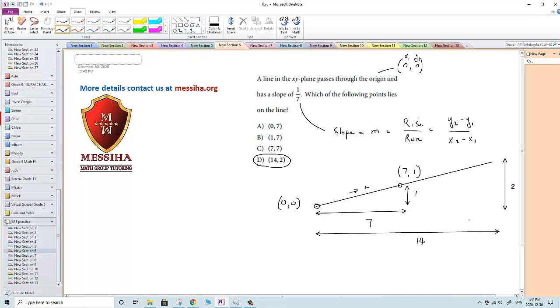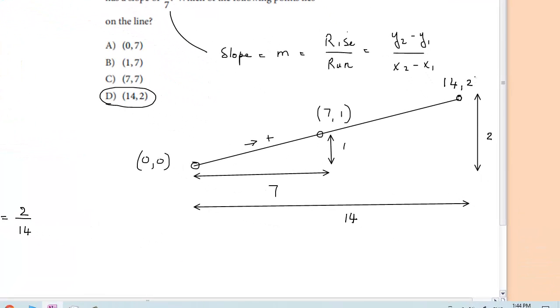We are saying rise over run. In the first case, the slope 1 over 7 is clear. In the second case, 2 over 14, and if I simplify 2 and 14, it gives me 1 over 7, so it's equivalent. So this point is going to be (14, 2), and this is the right answer.